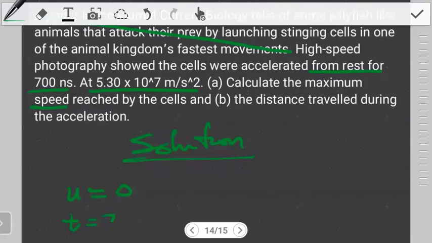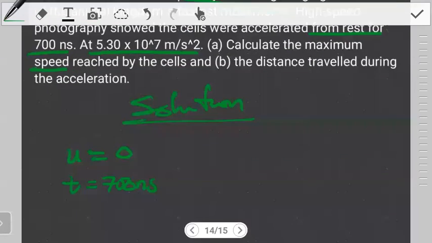This question is not examining us on whether we know how to convert 700 nanoseconds to seconds, but of course we need the time to be in seconds. 700 nanoseconds is equivalent to 700 times 10 to the power negative 9 seconds. If you're still struggling with how to convert units, I'll leave a link in the description so you can check out my video on how to convert units.